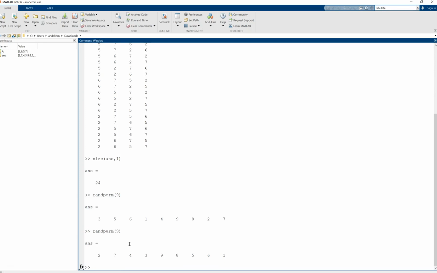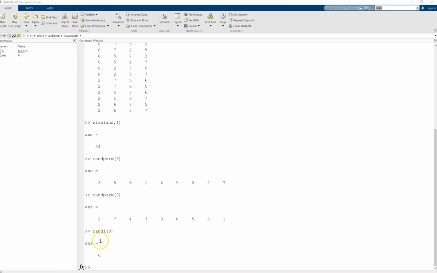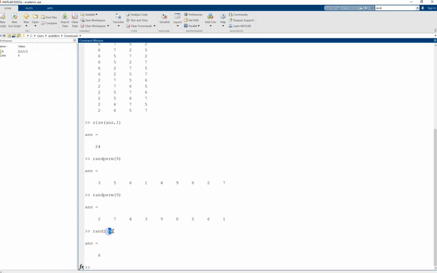This thing you can also create using the command randi. If you pass 9 to randi, it is going to generate a random integer between 1 and this number, imax, but it just gives you one number.